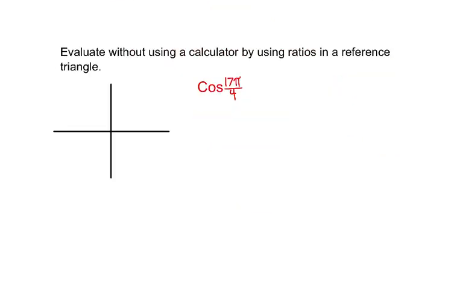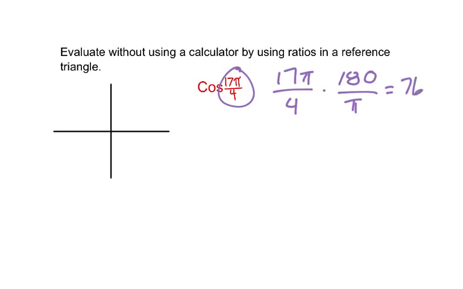Alright, the next one, same process. We have 17 pi over 4. And so 17 pi over 4 is, again, easier to look at as a degree. And so we have 765, but that's not on the unit circle, so we make its coterminal angle, which is not that one yet either.